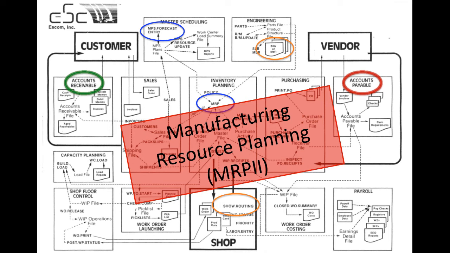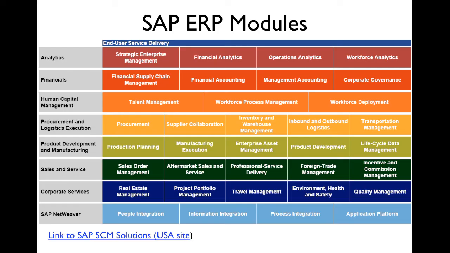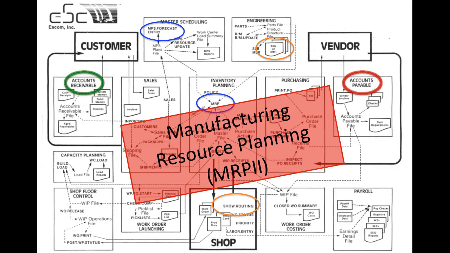What they didn't do is rewrite all the software in those boxes, but they would write some software in between the boxes so they could share data and talk to each other. So they still were a bunch of individual pieces of software that were connected together. Now those eventually became ERP, Enterprise Resource Planning, not just Manufacturing Resource Planning.